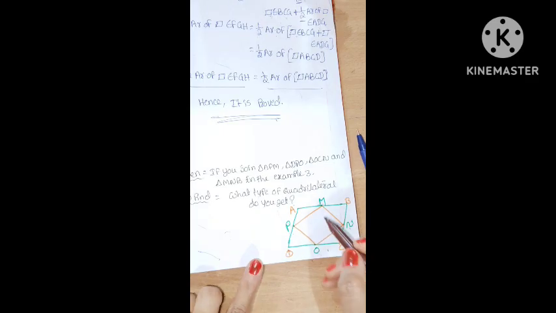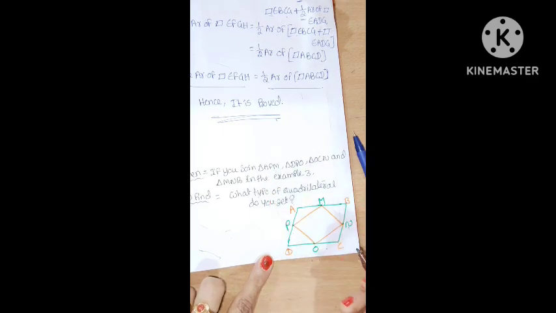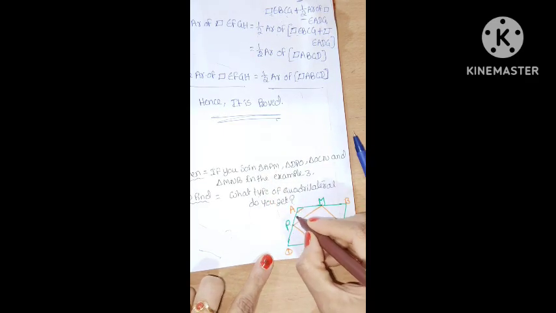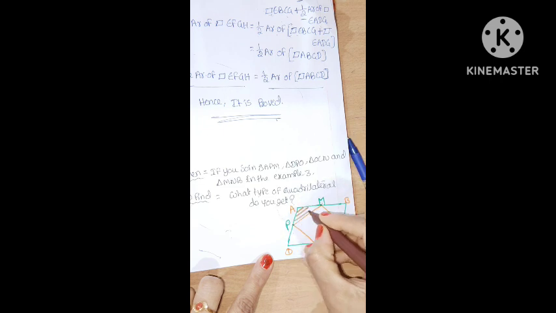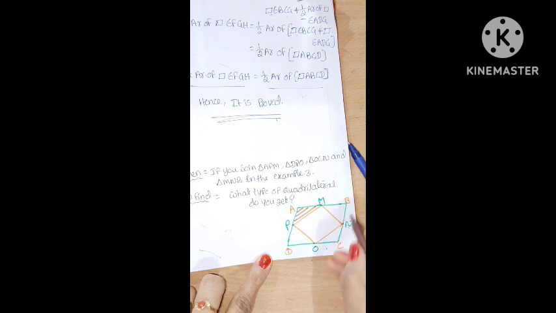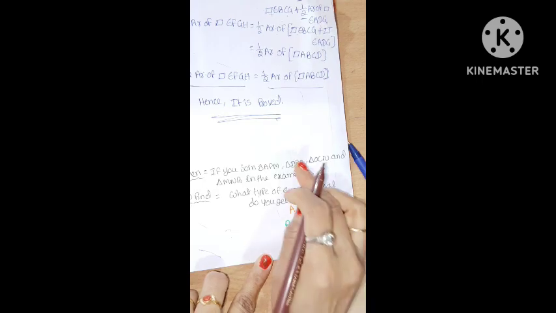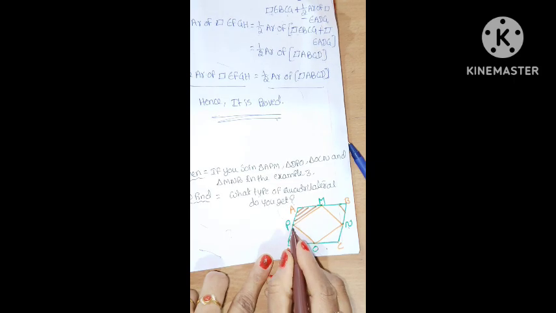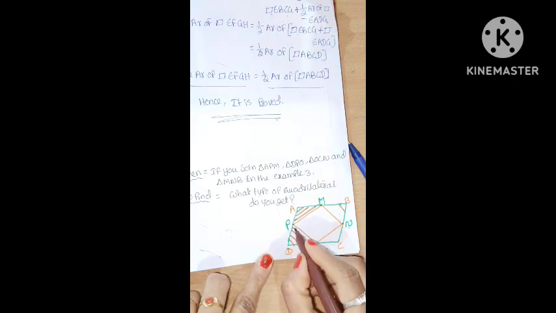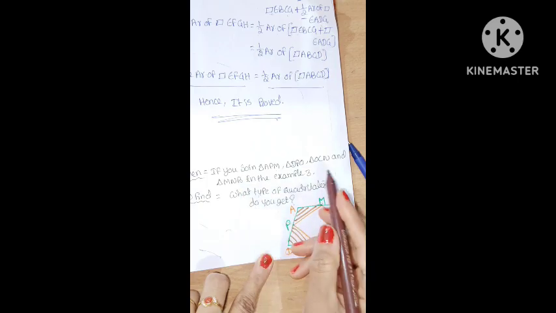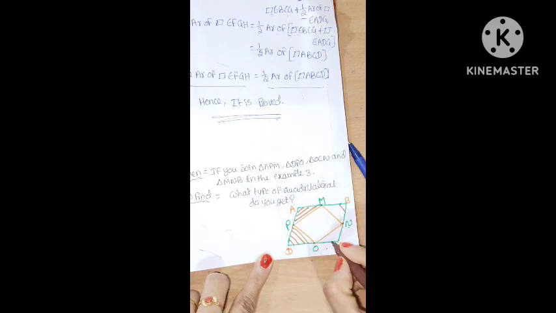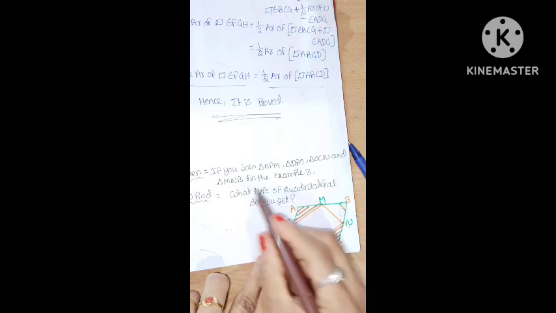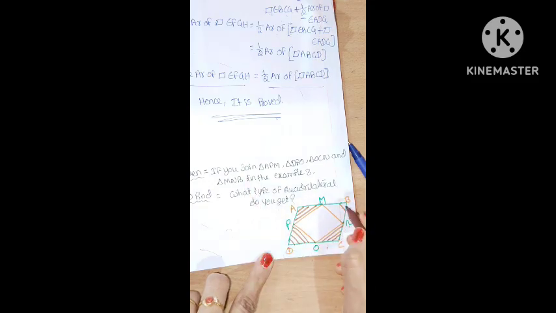Next, if you join triangle APM, and next another triangle, DPO triangle, and next triangle OCN, this one, and next triangle MNB.